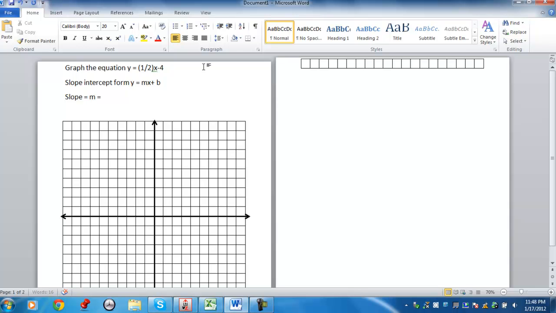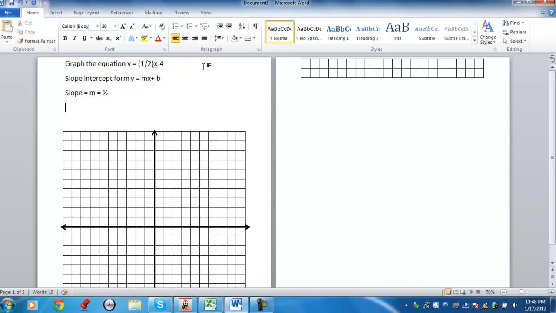That's the number in front of the x. In this case, our slope is going to be 1/2, because that's the number in front of the x. Our y-intercept is 0, b, which would be 0, -4.